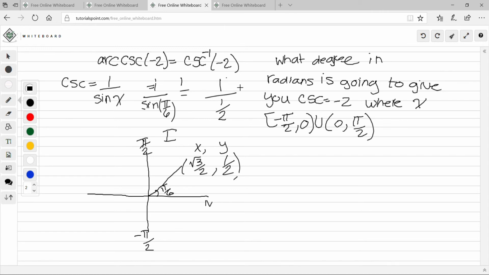And then when you do the work, we multiply everything by 2, so that gives us 2 over 1. It doesn't give us -2, so we can't use pi/6. Let's try -pi/6.